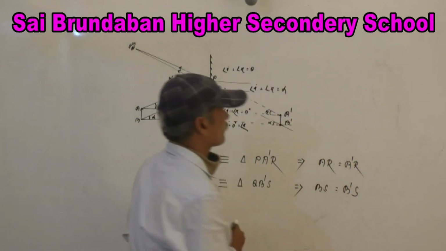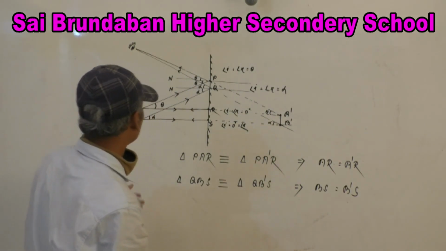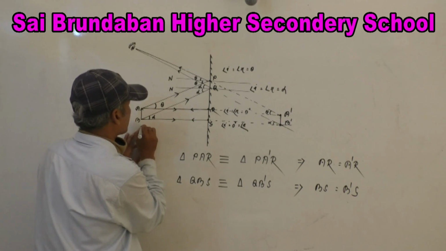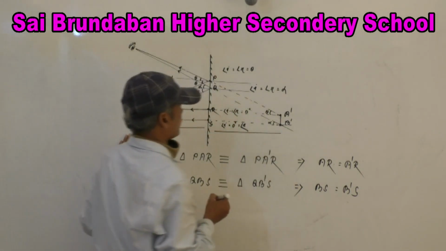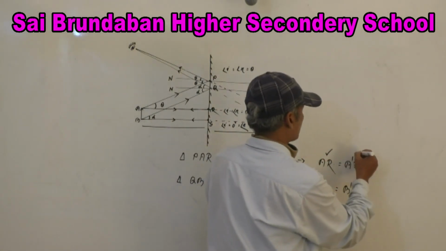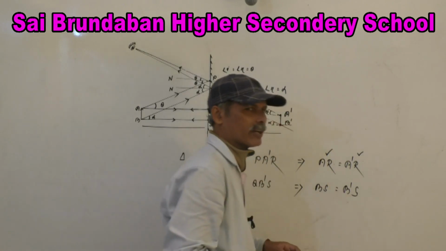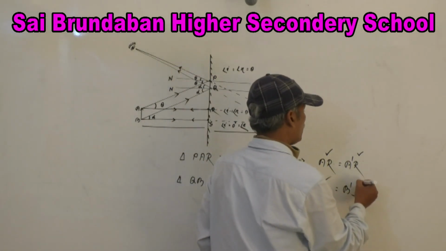So now it is clear that the object distance is equal to the image distance. From this, we came to know that for a plane mirror the object distance is equal to the image distance.